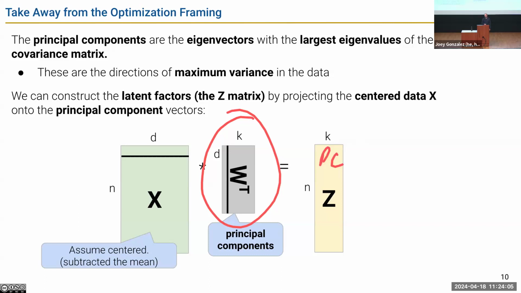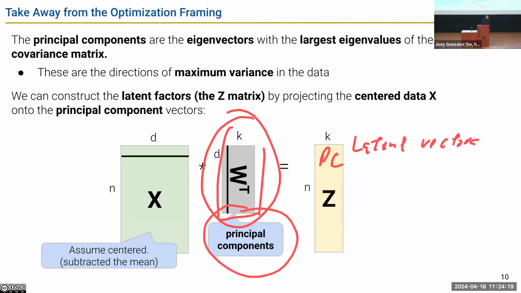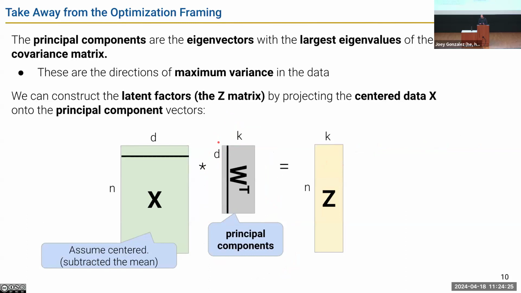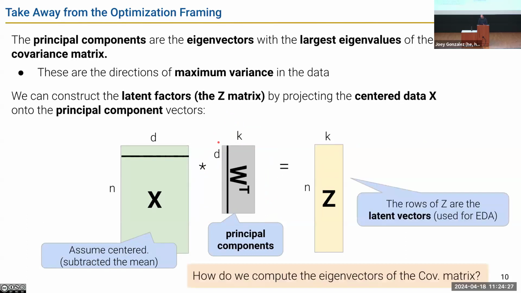Just another way of thinking about it. These are technically called latent vectors. Sometimes they're called scores. I'll just say X projected onto principal components, but these here are my principal components, these guys right here. Columns of this thing. Rows of W, columns of W transpose. Confused? That's okay. We're going to keep doing this. We'll get some more examples.